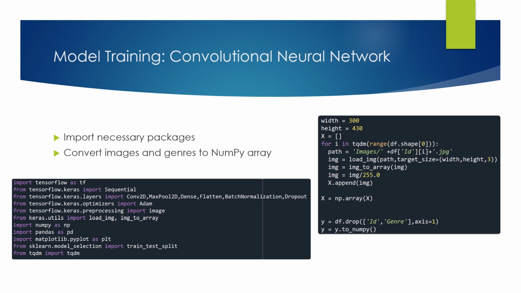For the first of the two models we did, we imported TensorFlow, TensorFlow Keras, Pandas in order to import the dataset into our code, utils, and NumPy. We set the width and height of the image to 400 and 430 respectively, and we created a loop to add the images to a NumPy array. We dropped the ID and genre columns to have a binary set of just the genres.